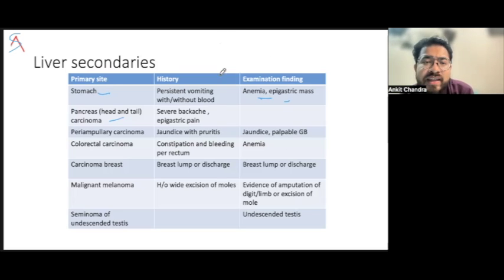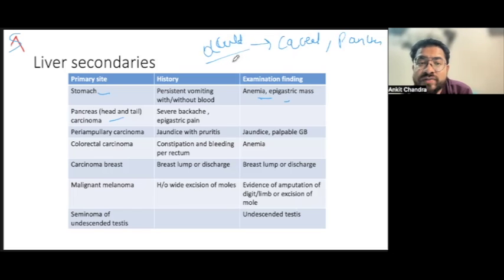When primary is not found in your clinical examination, then we call it occult primary. And then you have to think of carcinoma of cecum, pancreatic carcinoma; these are the common reasons for occult.